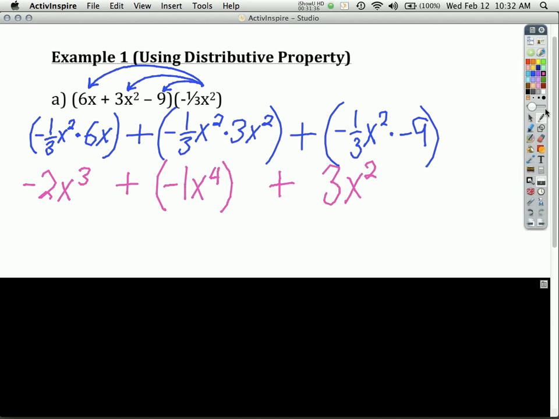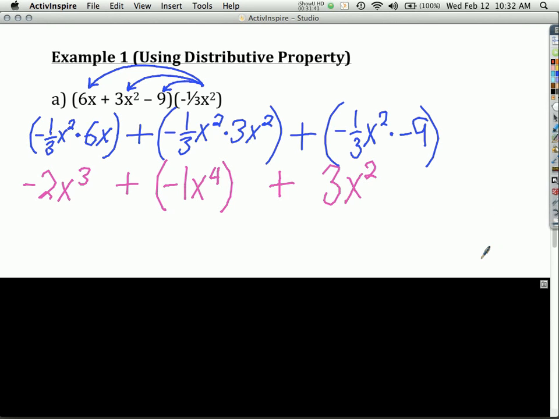Now write it in standard form. Largest exponent, largest degree comes first. We've got this, negative x to the 4th, then this, minus 2x to the 3rd, plus 3x squared. Nothing else can be done because these bases are not the same.